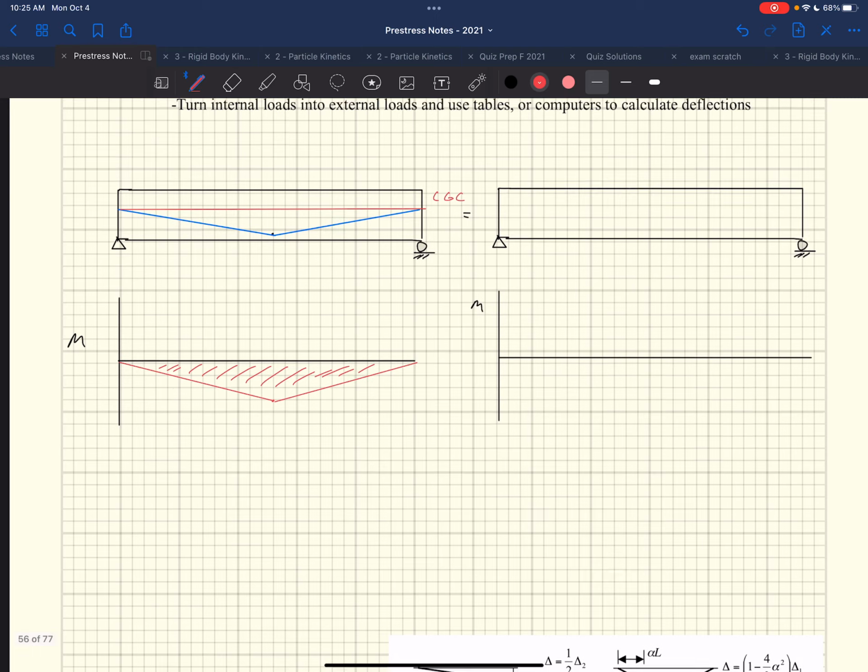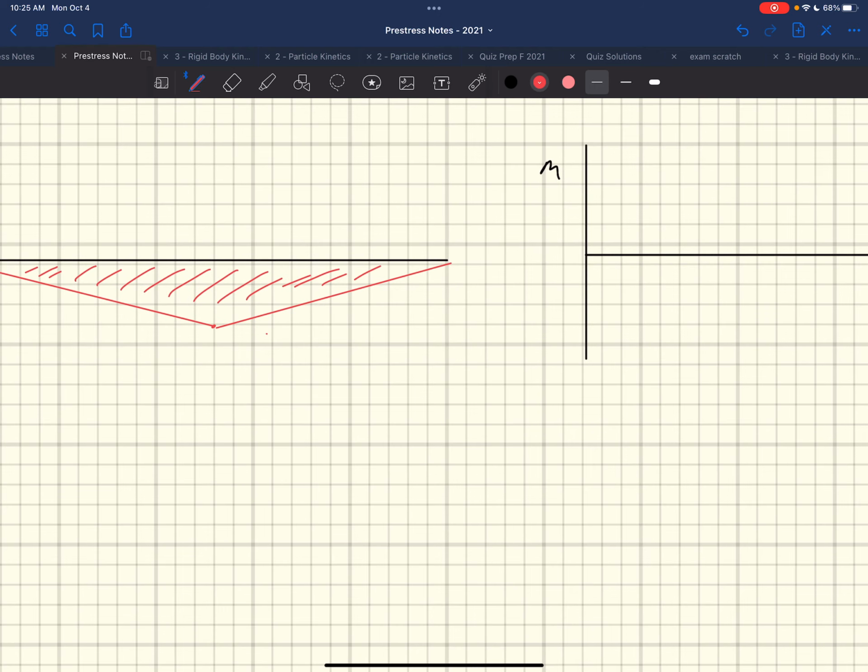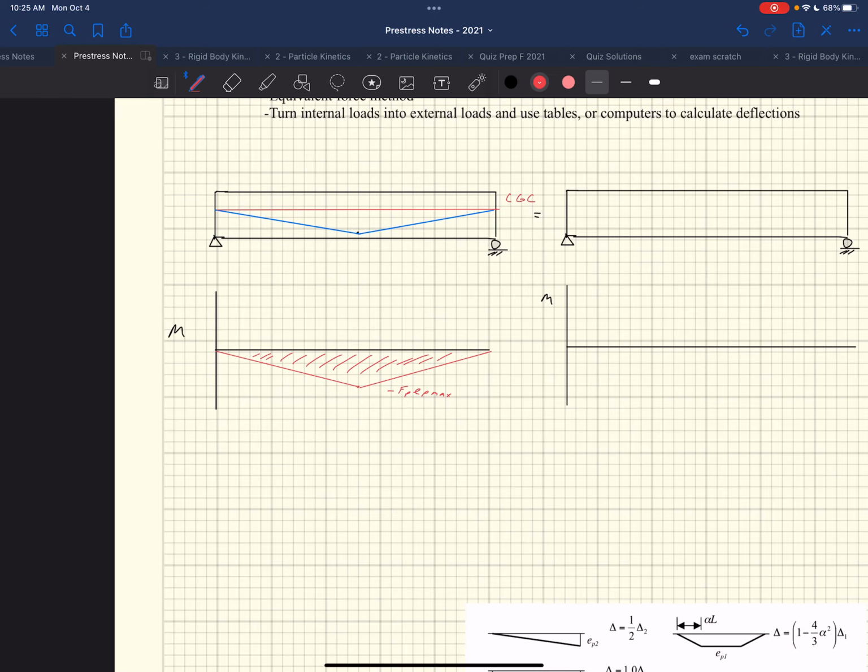This maximum would be negative Fp times ep max. That maximum moment would be Fp times ep max.